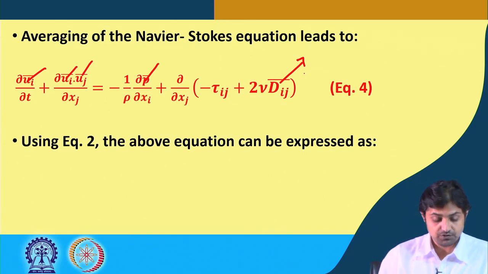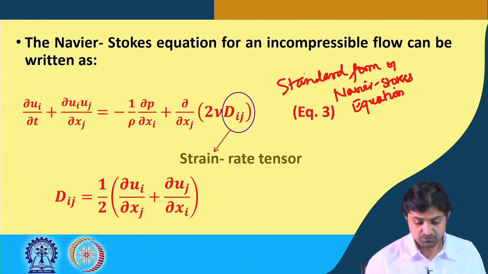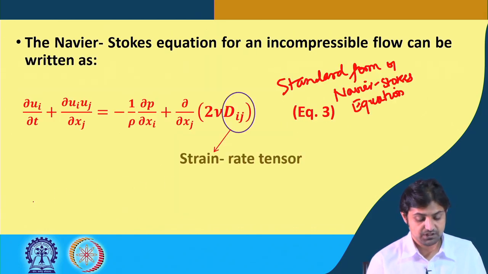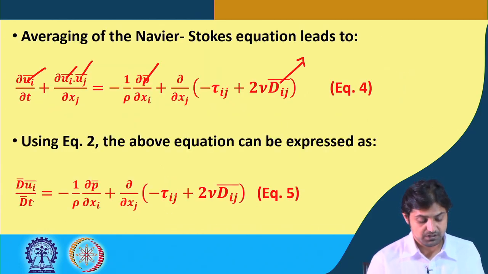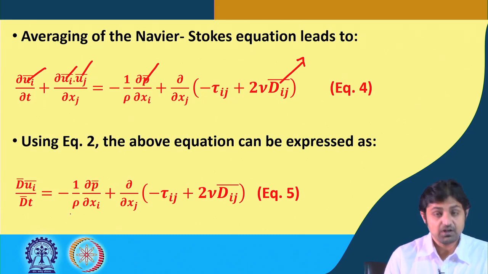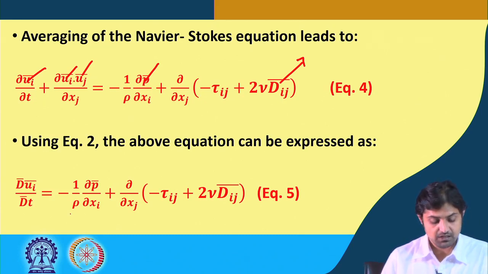If we use equation 2, the above equation, that is, del uk bar by del xk is equal to 0, using the continuity equation it can be written as del ui bar by del t is equal to minus 1 by rho del p bar by del xi plus del xj of minus tau ij plus 2 nu Dij.